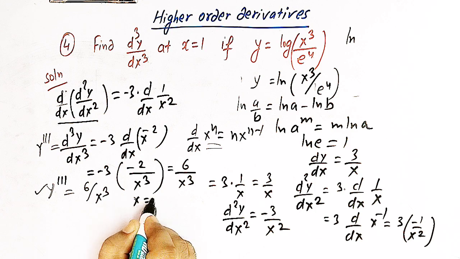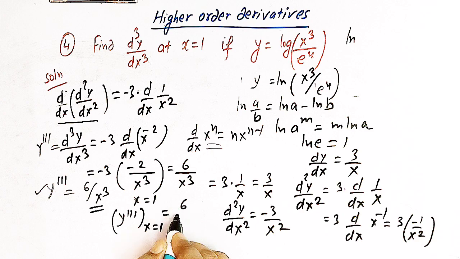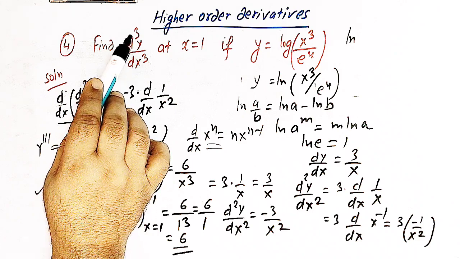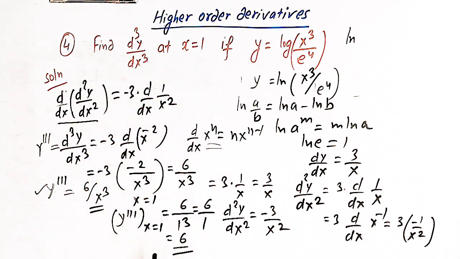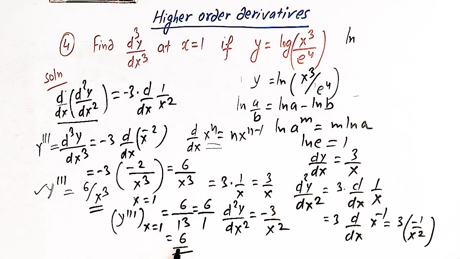So taking x is equal to 1 over here, the value of the third derivative at x is equal to 1 is given by 6 over 1 cube. So this is 6 over 1, because 1 cube is 1, that is equal to 6, right? So the third derivative at x is equal to 1 when y is defined like this is equal to 6.